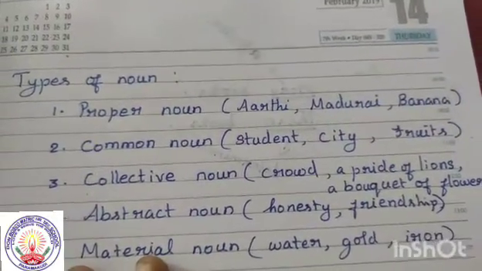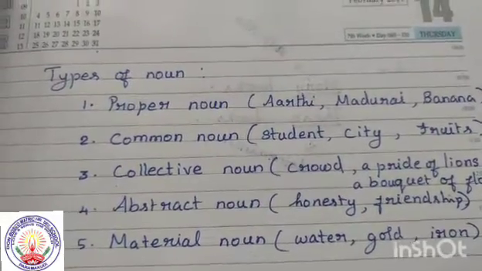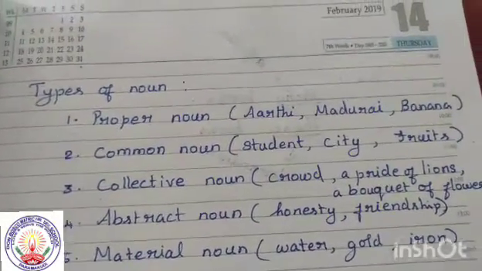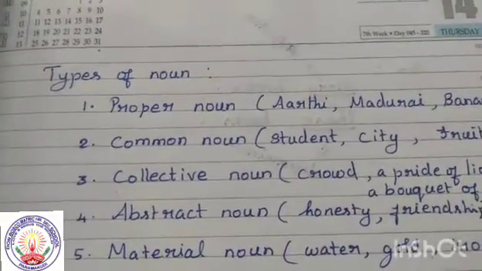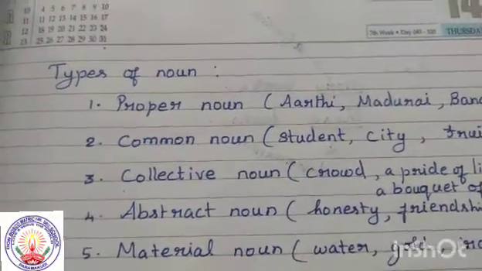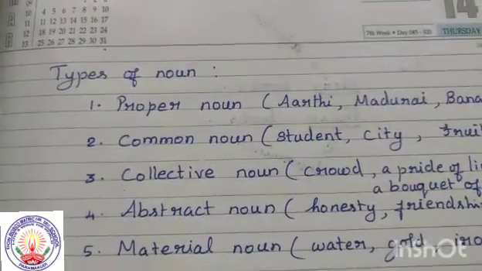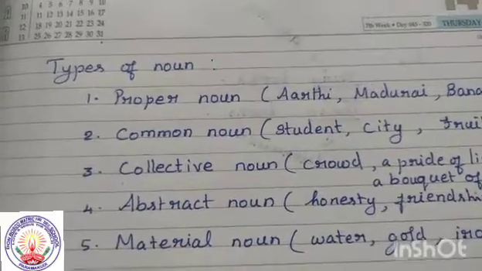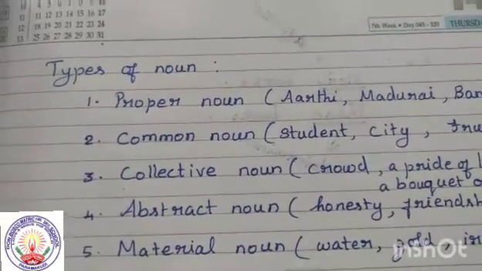What is common noun? Common noun is a general name, a general name of a place, person or object. Student, it's a general name. All boys and girls who are studying in school are called students, not only a particular boy or girl.